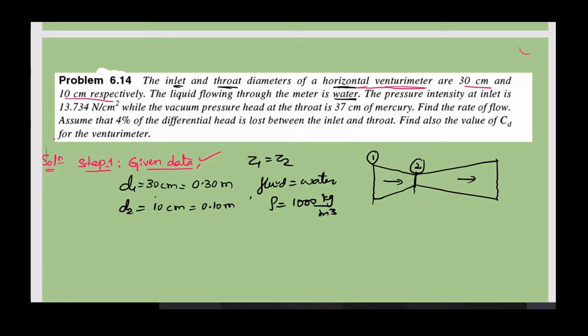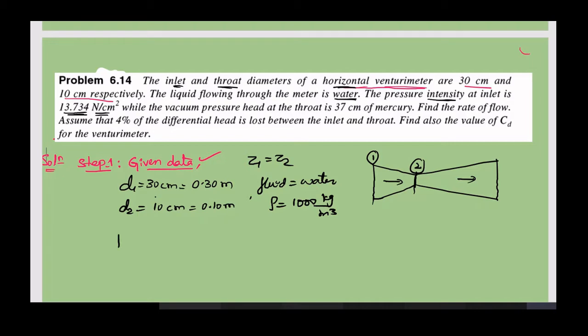Next line. The pressure intensity at inlet is 13.734. You might have become confused with the word intensity. Pressure intensity or pressure, both are same. And still if you are confused, look at the unit. If the unit is in terms of Pascal, then you decide it is a pressure.